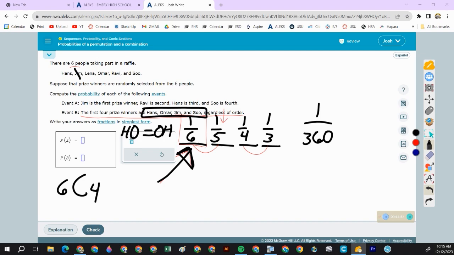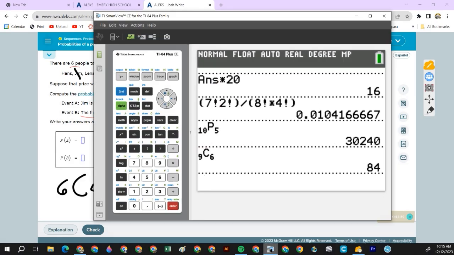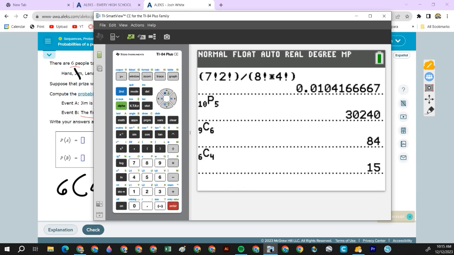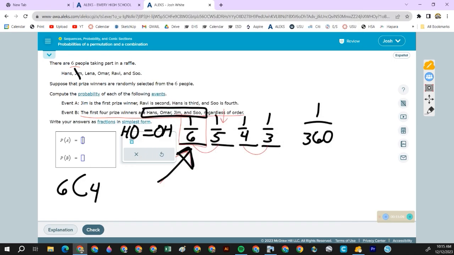So 6 choose 4. Let's pull this up. So 6 choose 4 is 15. So there are 15 ways to do this.